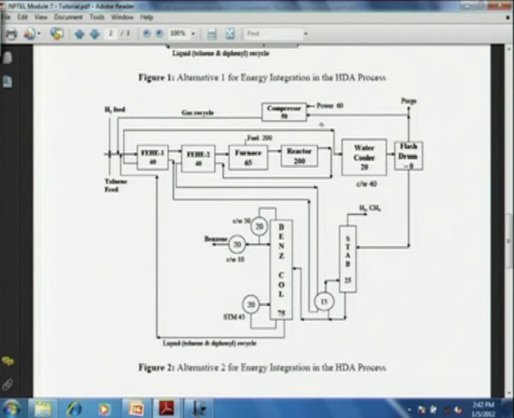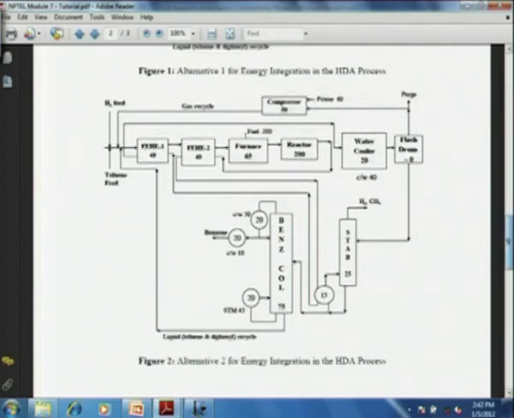Okay. And the feed and recycle hydrogen and toluene are heated through the two exchangers as well as a furnace. So, that is the second alternative for the energy integrated flow sheet.